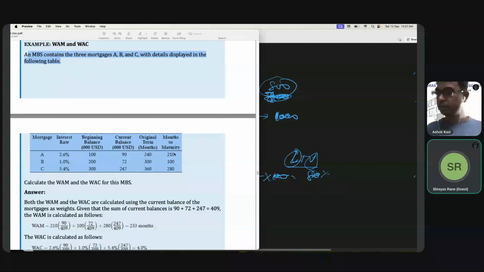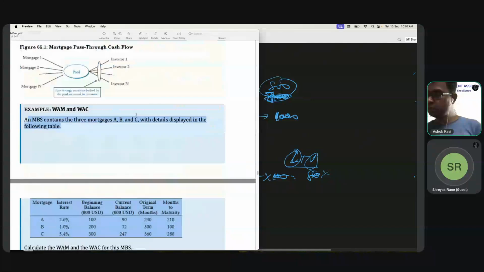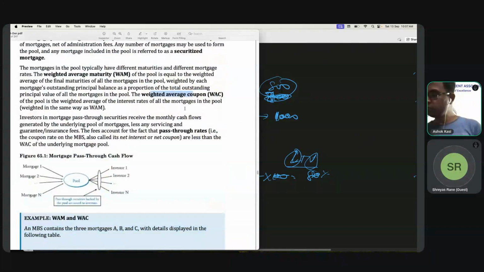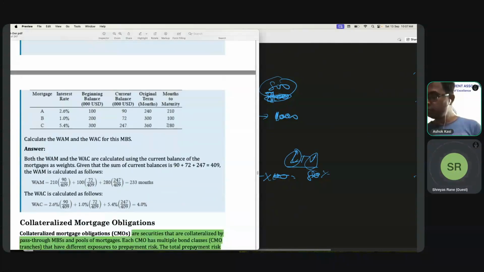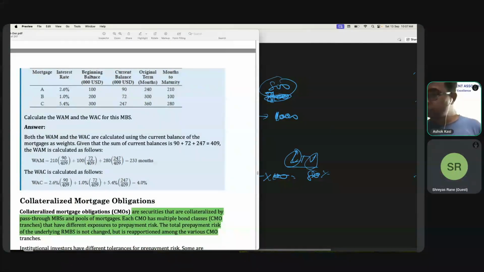Now the question is weighted average coupon and weighted average maturity. This is the beginning balance, you leave it, it doesn't matter. Only the current balance matters, original term doesn't matter. Currently, what is the maturity? So the third and fifth columns are not required.